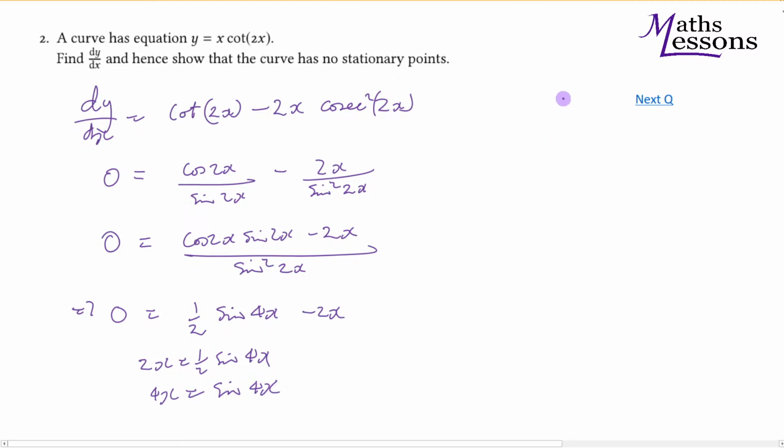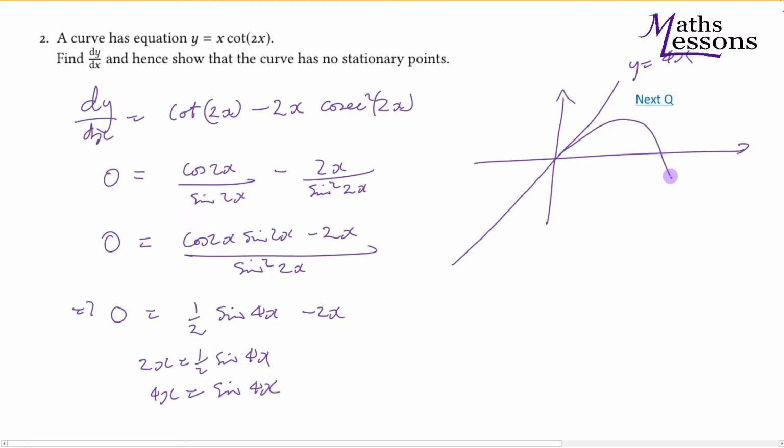Now, a quick sketch of what's going on will help us. So here's y equals 4x, and here is y equals sine 4x. Now, what we can see is they cross at x equals 0, but cot is not defined when x equals 0, because you've got cos over sine, and sine of 2x, sine of 0 is going to be 0, so this is undefined.